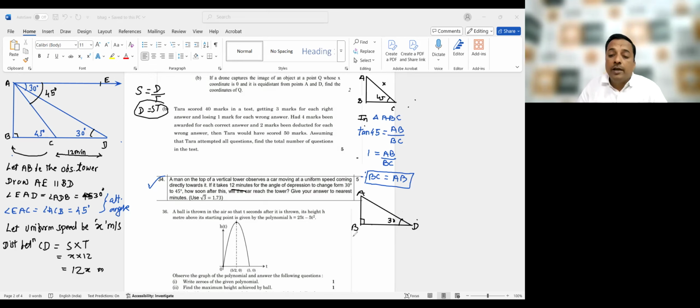Here again we use tan in triangle ABD. Tan 30 is equal to AB upon BD. What is the value of tan 30? Value of tan 30. मुझे नहीं आ रहा है, तुम लोग को बताना है.